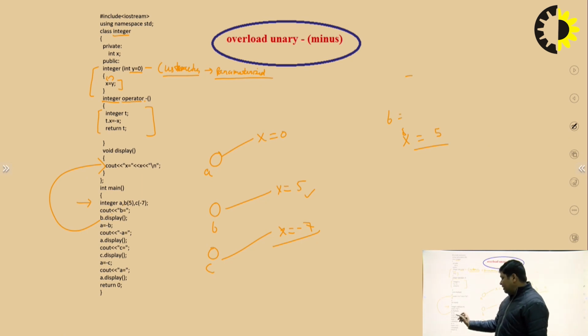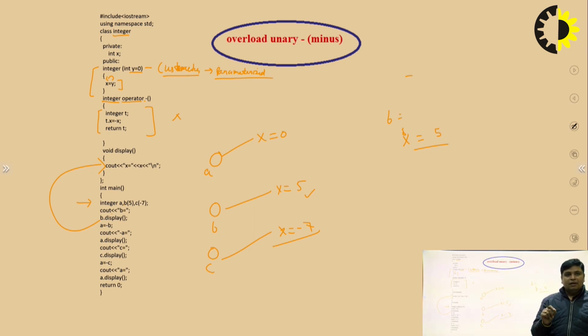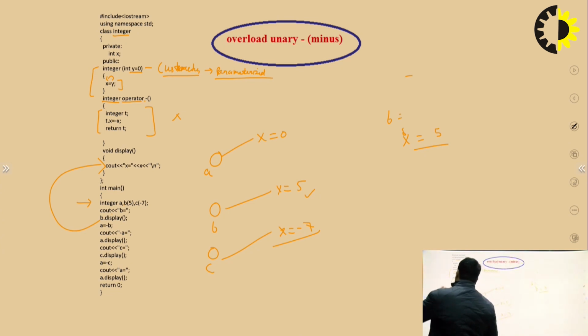Now you will see here a equal minus b. It means this minus operator is already overloaded. If this operator were not overloaded in my class, it would have performed the default action and made the value of b negative. But we have overloaded it. That's why this piece of code is immediately executed.